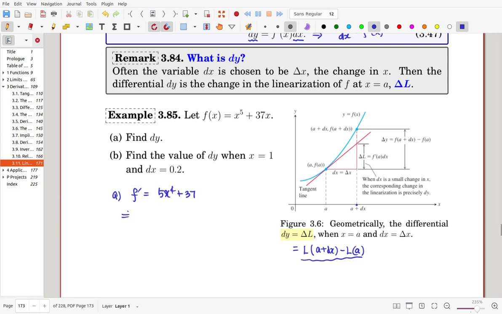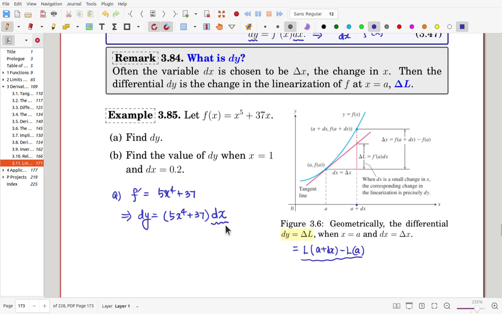So here dy is the same as f prime at x, which is 5x to the 4 plus 37, and here now dx. Right? For any change in x, you can find the change in y.